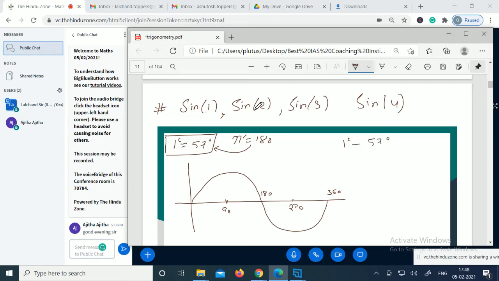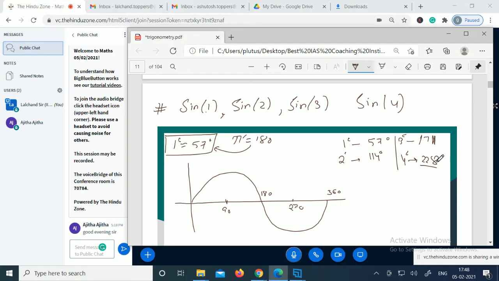How much is 2 radian? 2 radian is approximately 114 degree. What about 3 radian? 171. And what about the approximate value of 4 radian? 228. Okay.